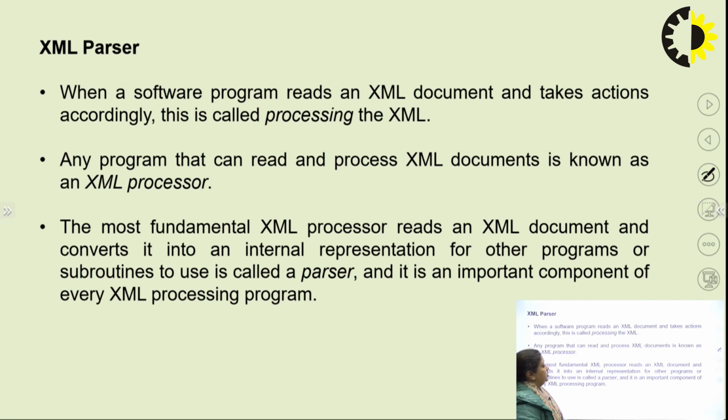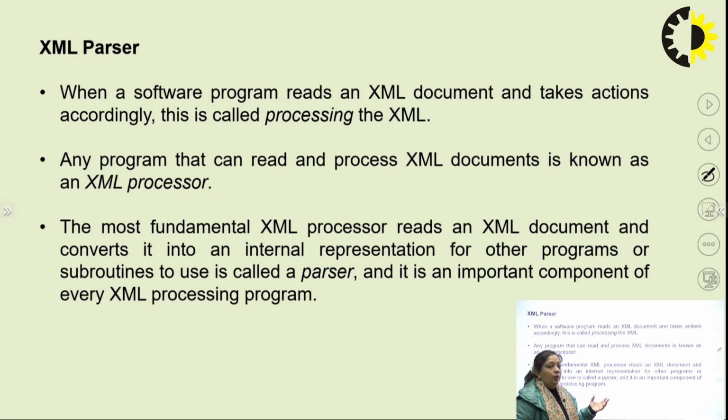So we have two terms till now, that is processing the XML document and then the XML processor. Processing basically means reading and understanding what is there in the document and taking the actions accordingly, and the software which does this is known as an XML processor. Now coming to the parser part. The fundamental XML processor which actually reads the XML document and then converts the document into some internal representation which can be used by other programs or subroutines is known as a parser.